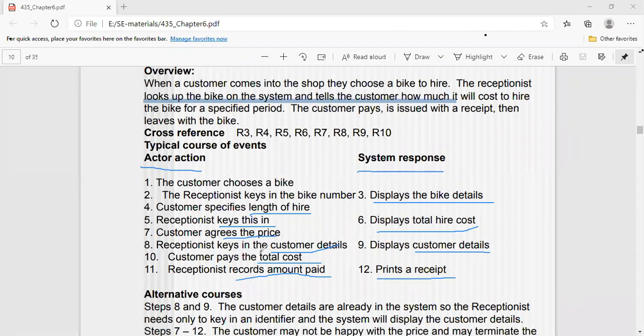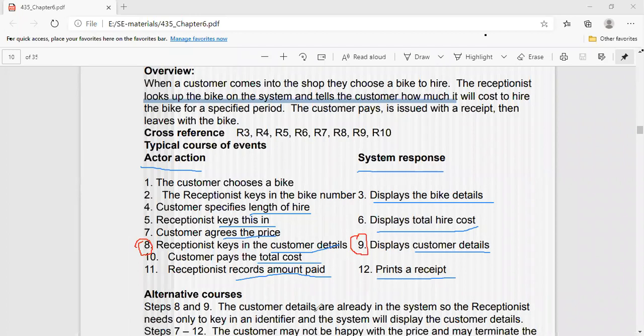If he is an existing customer or old customer, then we should skip two steps, that is the eighth step and ninth step. Why? Because an old customer, an existing customer, means his details should already be in our system, isn't it? So no need of going for the eighth and ninth steps.